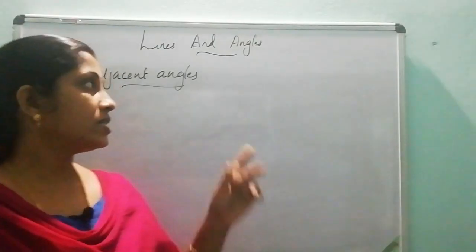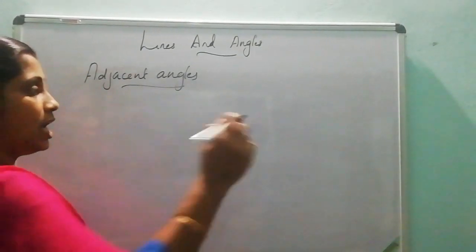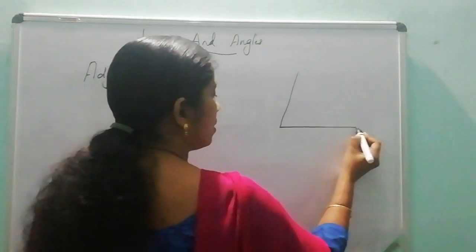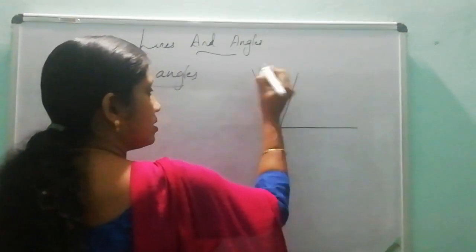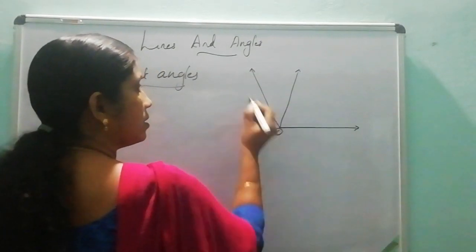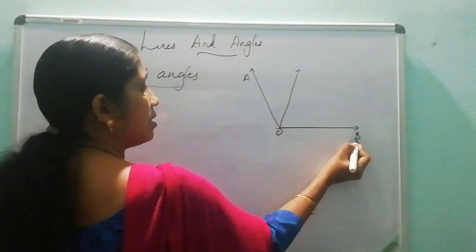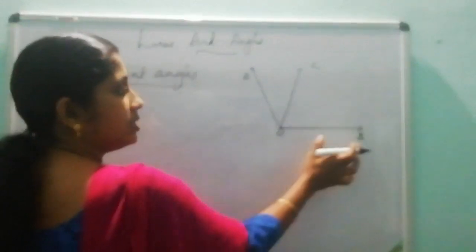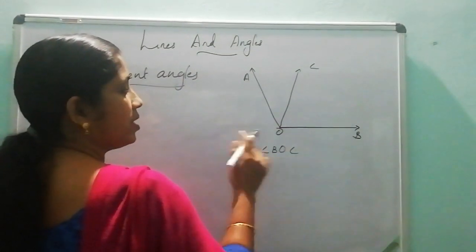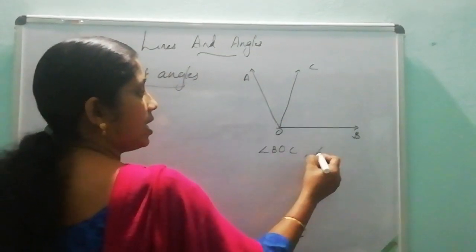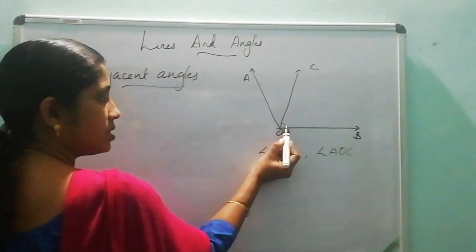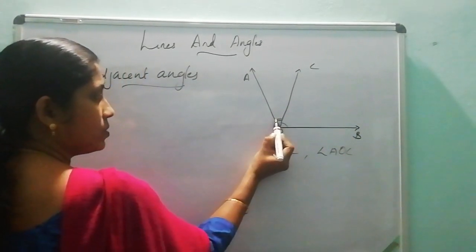Okay, we can look what is an adjacent angle. Let these be two angles, angle BOC and angle AOC.